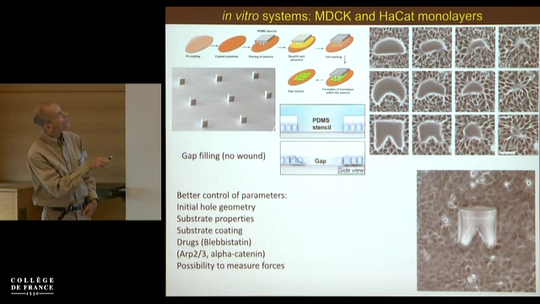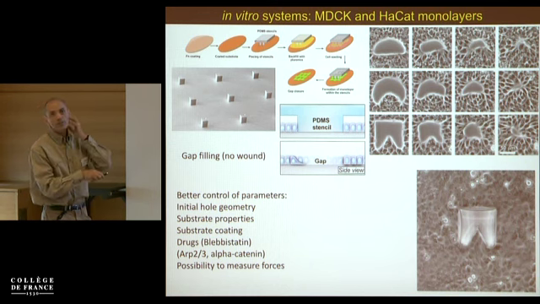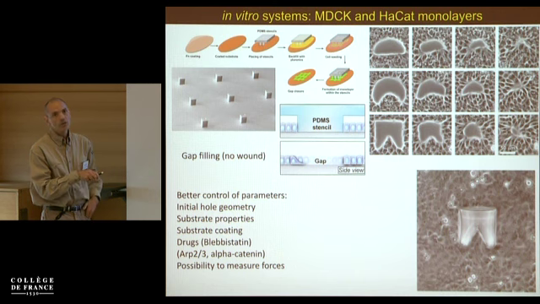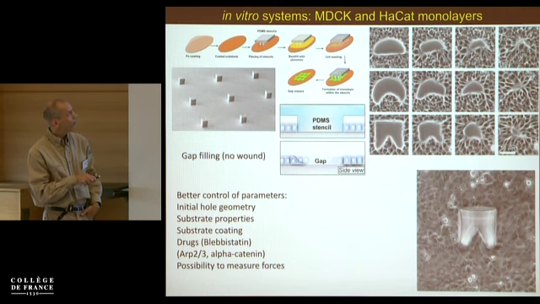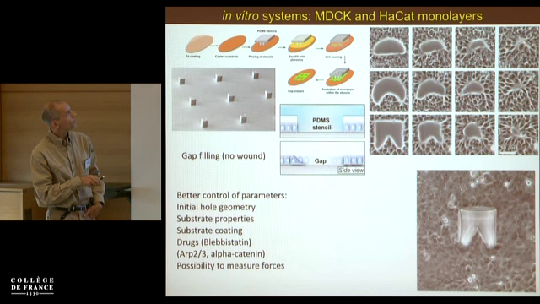And you can do periodic structures, so just with one film you can have lots of information of what's going on. You have the advantage also that you have direct access to the substrate, so you can play with the substrate properties, mechanical properties. You can play with the coating of the substrate, so the way the cells adhere to it.